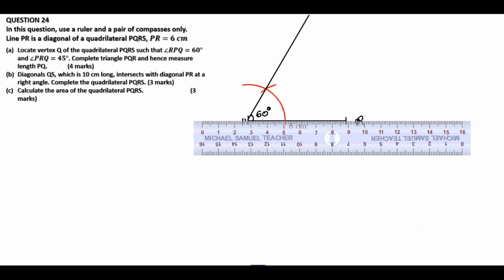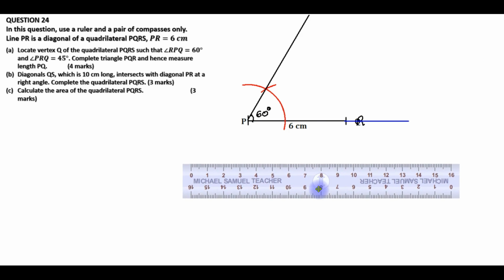In that case, it will allow me just to extend this PR at R. So I extend it outwards.